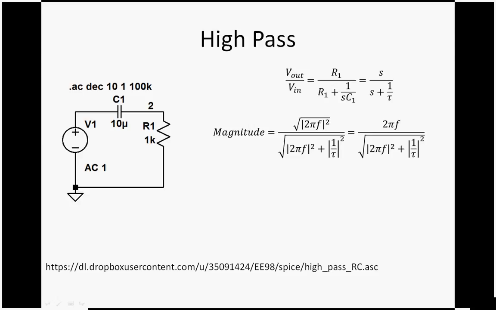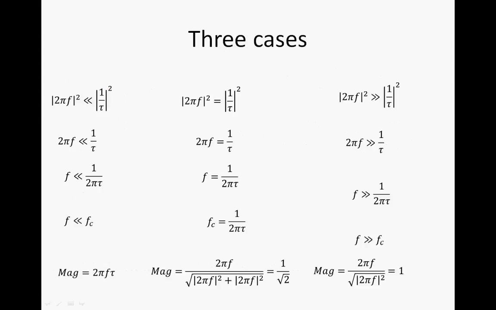Now we have an imaginary part on top, but with nothing real to add it to in the magnitude, it's just 2 pi f. And on the lower half we have the square root of (2 pi f) squared plus (1 over tau) squared. So we still want to look at when the frequency component is a lot less than 1 over tau, when it's equal to 1 over tau, and when it's much, much greater than 1 over tau.